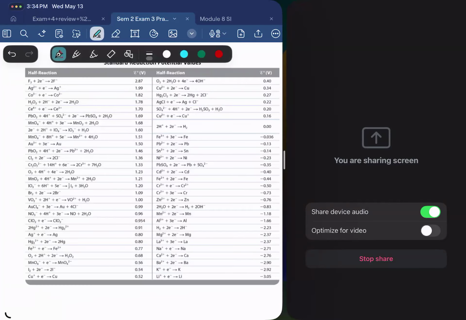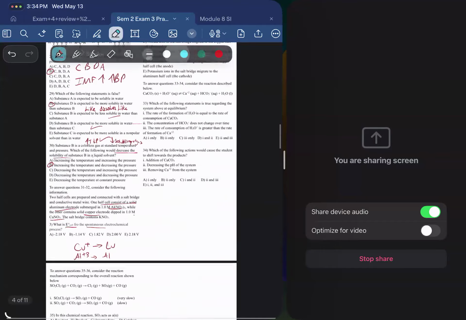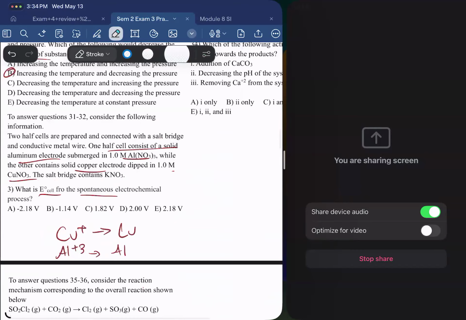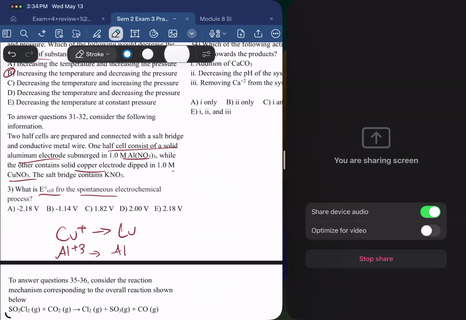So that's negative 1.66. And copper is right here, so 0.52. And in order to figure out which one's spontaneous, you have to figure out which one would provide you with the positive value. So A and B are definitely wrong for sure.